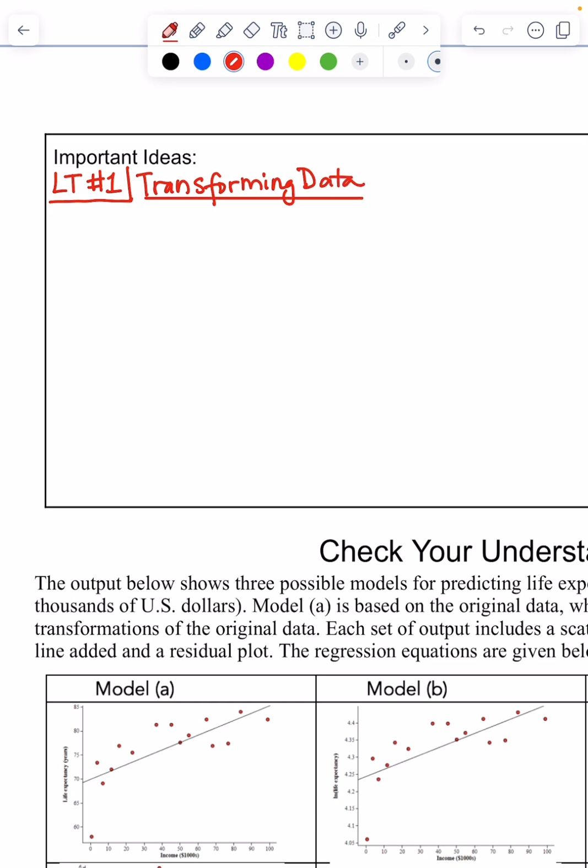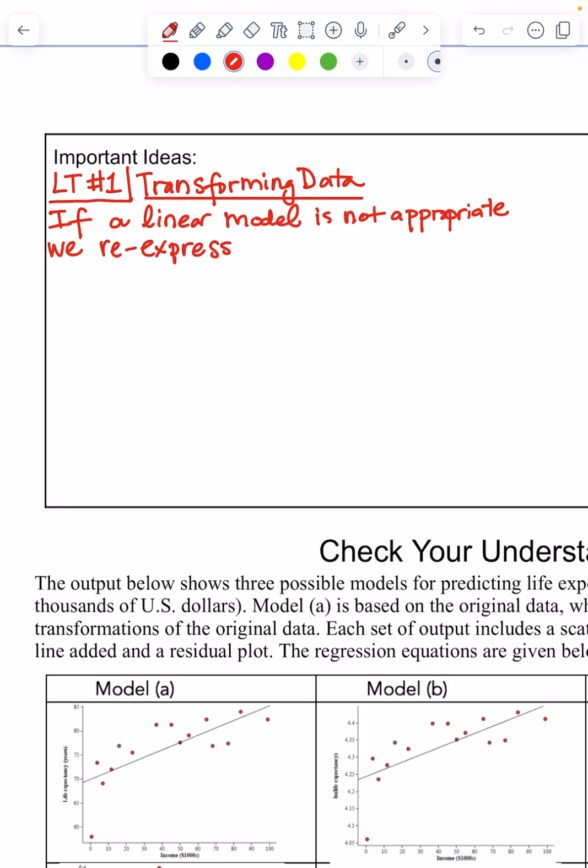It is what we do when we have data that's not quite linear. So if a linear model is not appropriate, we can re-express the data by applying some kind of operation.